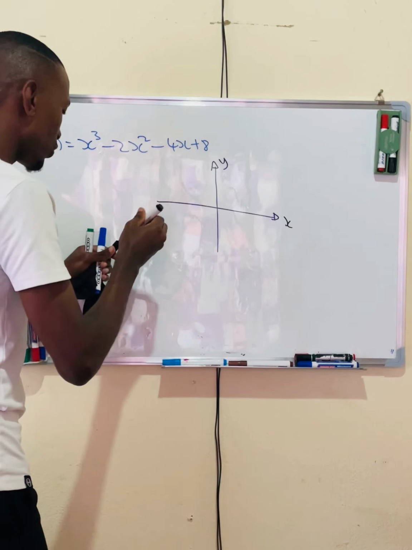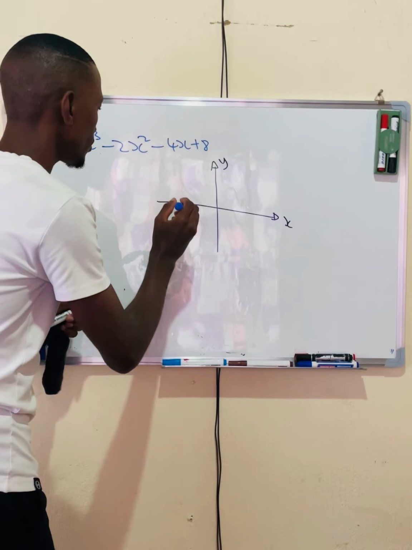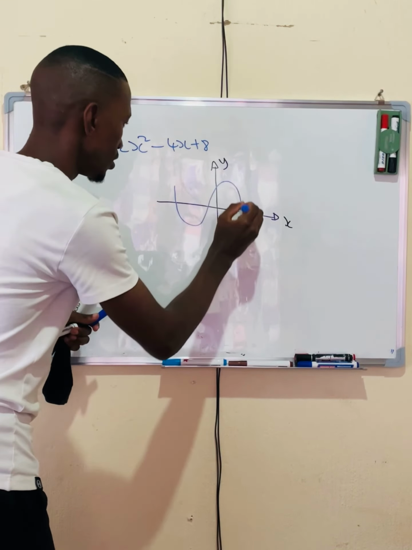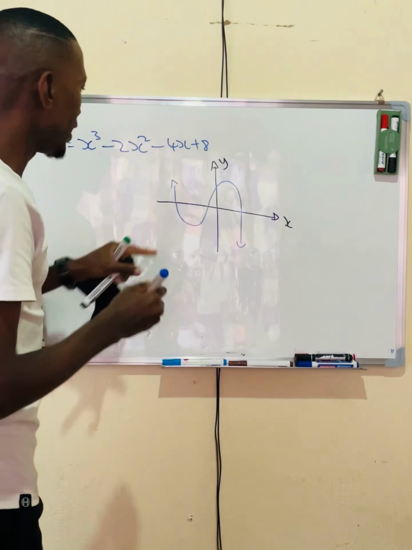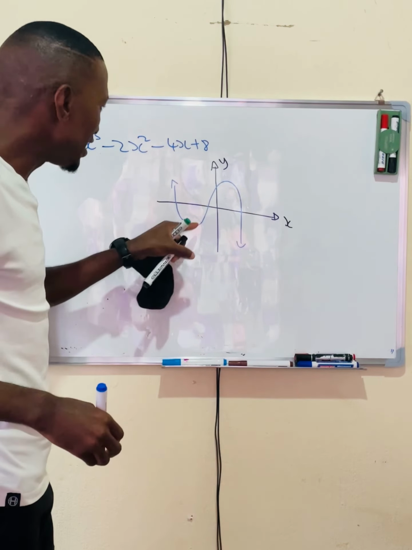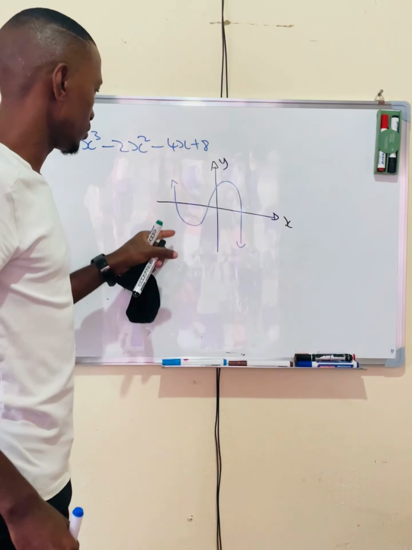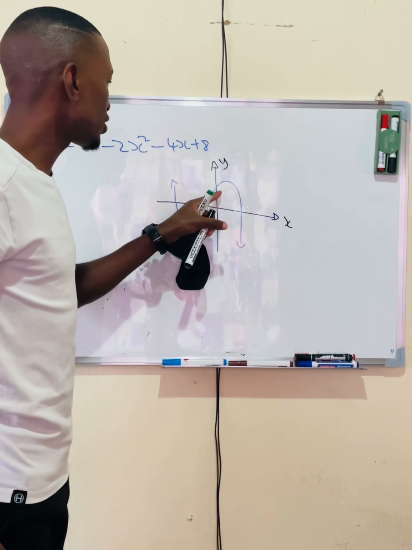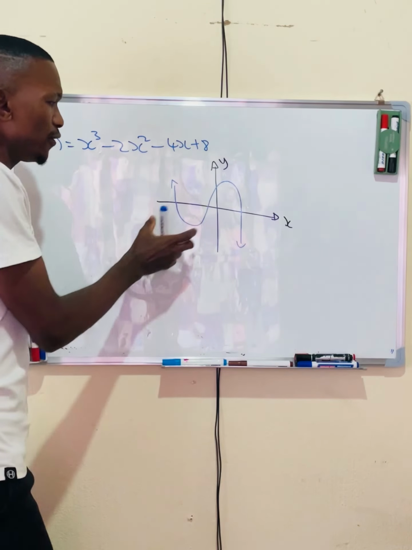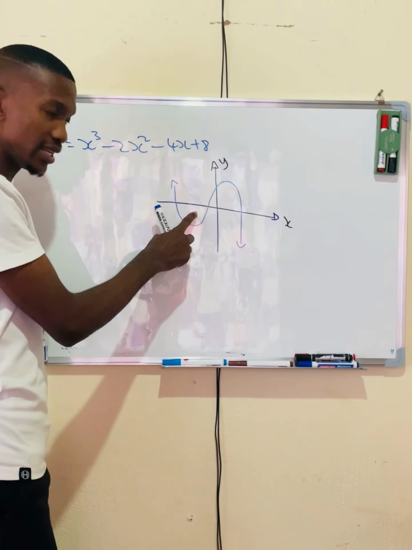If the graph starts like this, you see, it's an increasing, decreasing function. If it starts like this, it is smile, born.